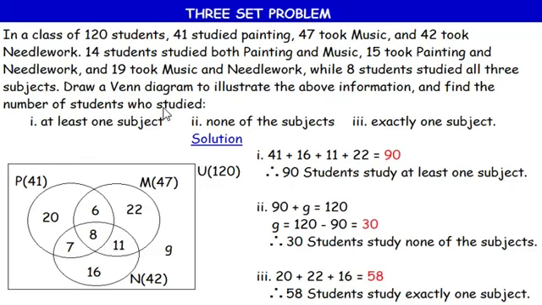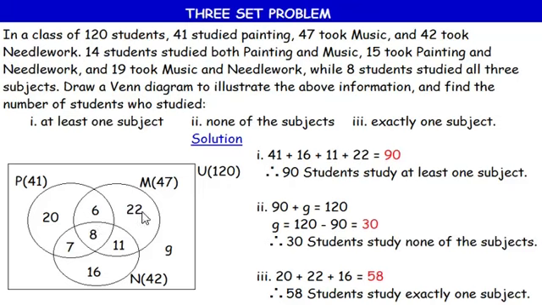Find the number of students who studied at least one subject. At least one subject. You can solve this question in two ways, just as we saw with the two sets, right? So whenever you hear at least one subject with three set problem, just add up everything in the three circles. That is all.